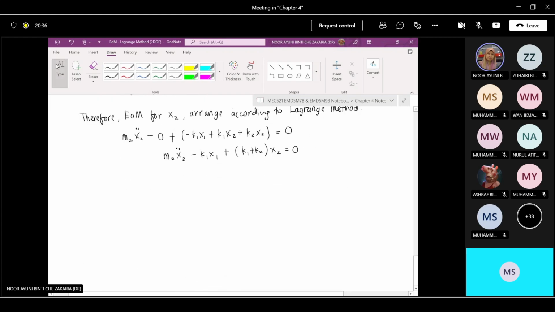Okay, so we'll go for example 2. We'll still stick with the very simple mass damper spring system. This time we add the damper. Kita tambah damper sini. M1 and we have K1 C1.